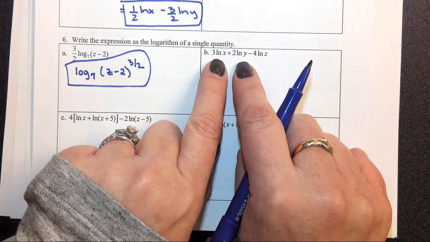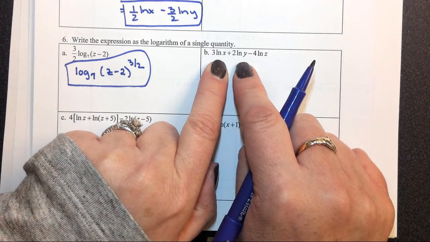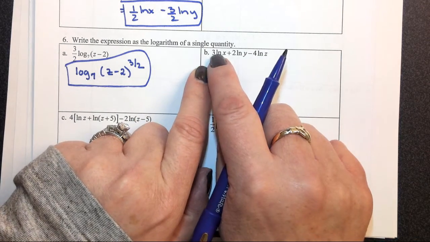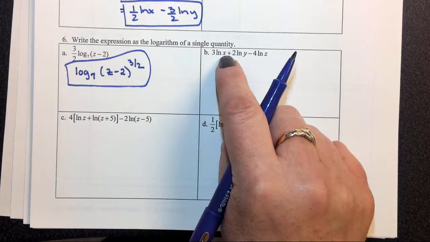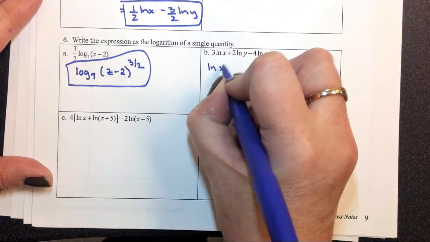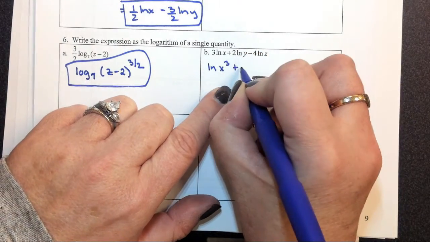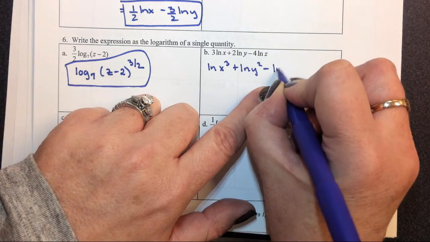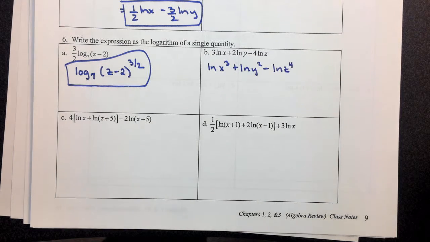Always move in part B, move your powers back before you do your condensing using your quotient or product property. So I can move the 3 to the power of x, that would give me the natural log of x to the third. The 2 can be moved to the y, and then the 4 to the natural log of z to become the power of z.